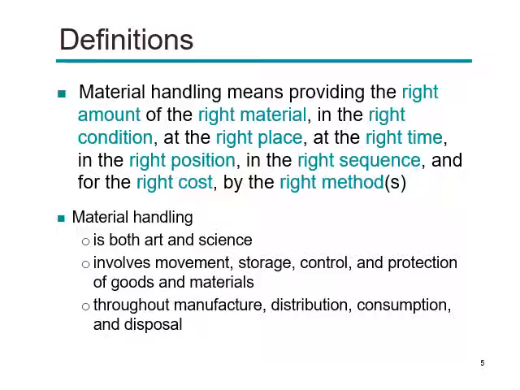So we can say that material handling is both an art and a science, like facilities planning we talked about, or like operations research and mathematical modeling, which is also both art and science.